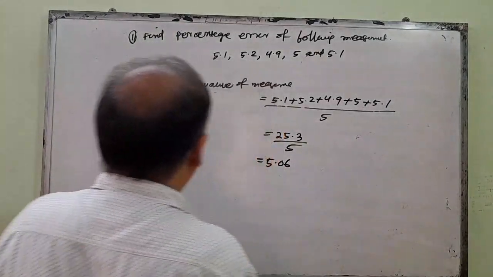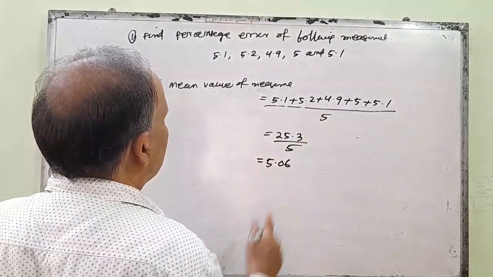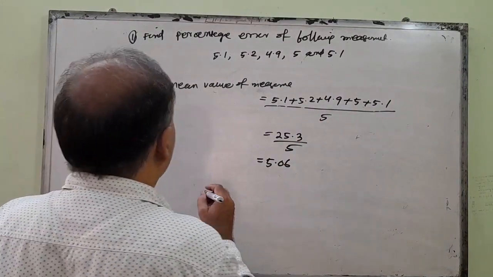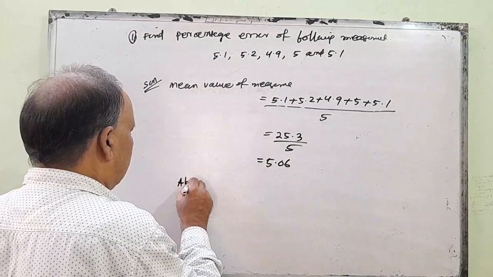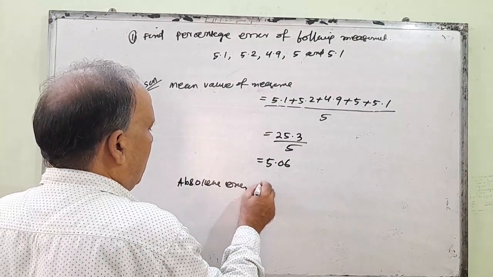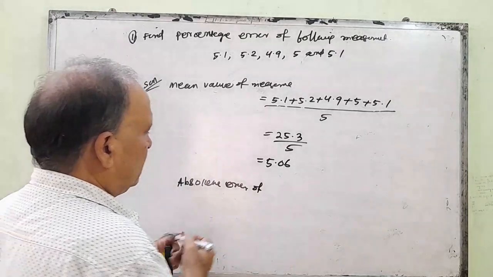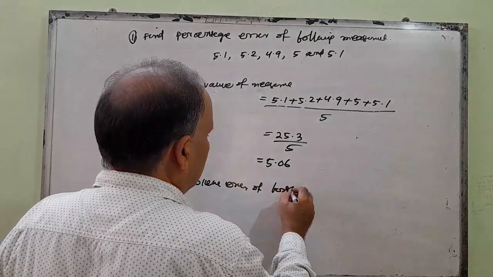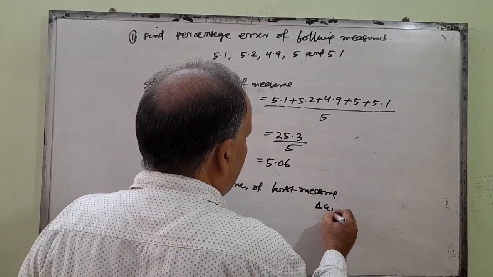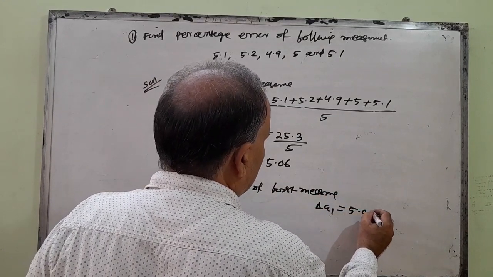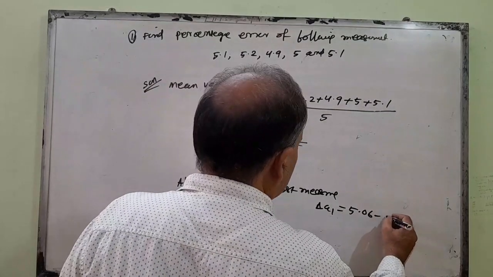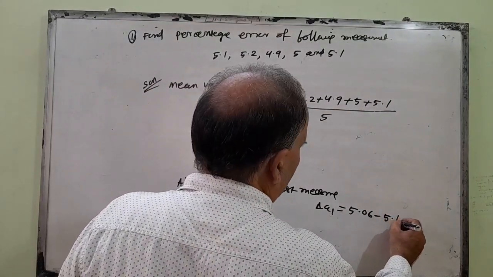Now we find the individual absolute error. Absolute error of the first measurement, that is delta A1 is equal to 5.06 minus 5.1.